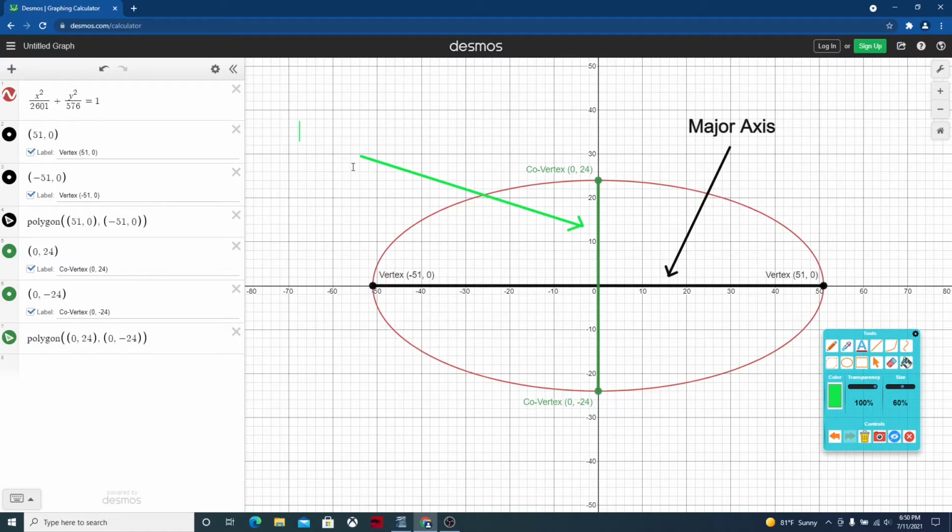Okay, and we are going to call that our minor axis. Okay, so our major axis was in black, and our minor axis is in green.